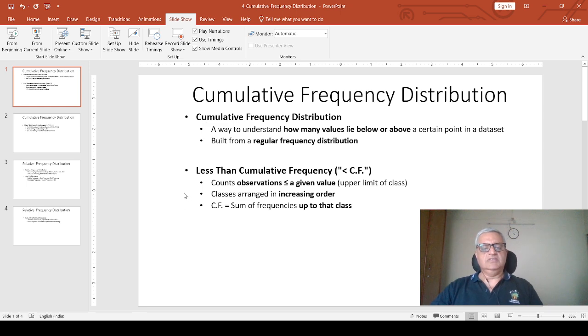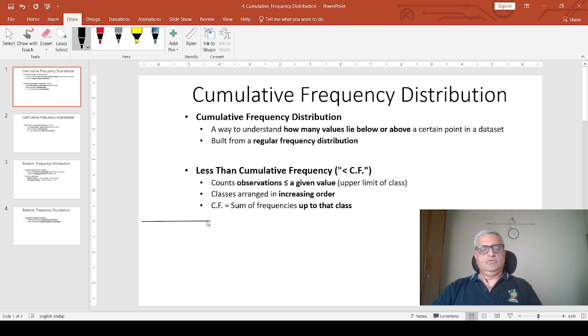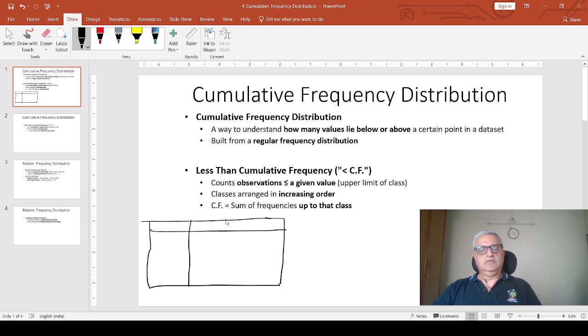So let's take an example, a simple toy example. This is our class, and this is the frequency distribution F. We have 10 to 20, 20 to 30, 30 to 40, 40 to 50.